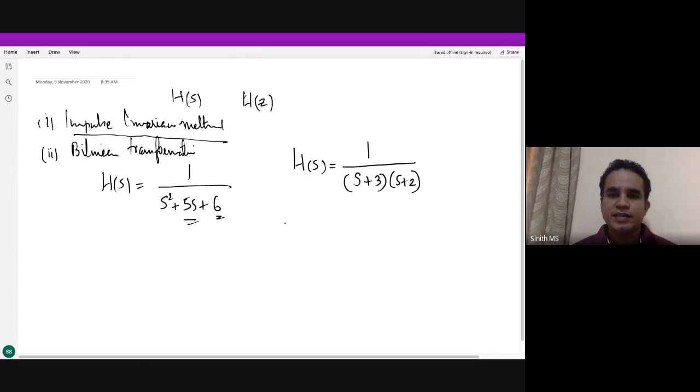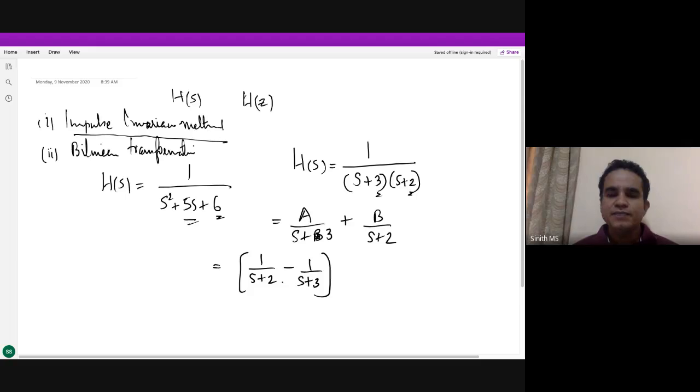If you convert this to partial fraction, this can be written as A by s plus 3 plus B by s plus 2, and find A and B. The difference between 3 and 2 is 1, so you divide by 1, and you can write this as 1 by s plus 2 minus 1 by s plus 3. So A and B are basically 1 and minus 1.